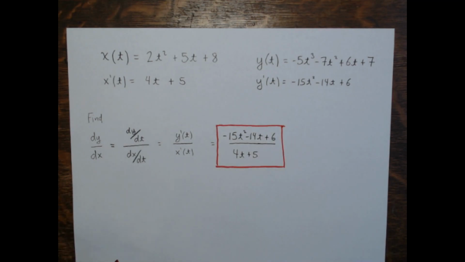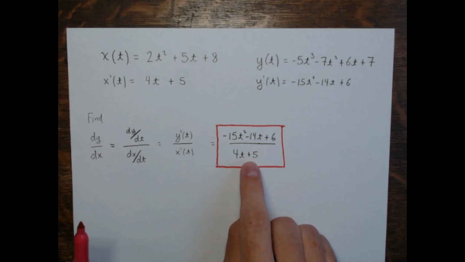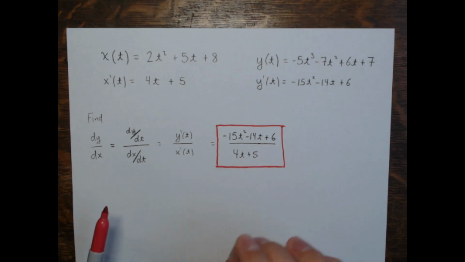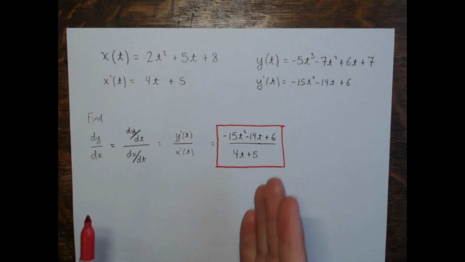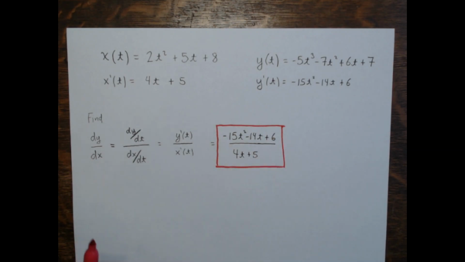This expression right here will tell you the derivative, the slope of the tangent to the curve at any point, but you have to know the value of t that corresponds to that given point. That's the only thing. But you still get the slope of the tangent line. You just need to know the value of t at that particular point.